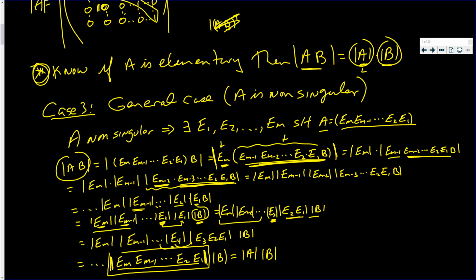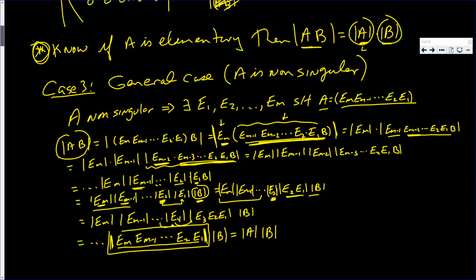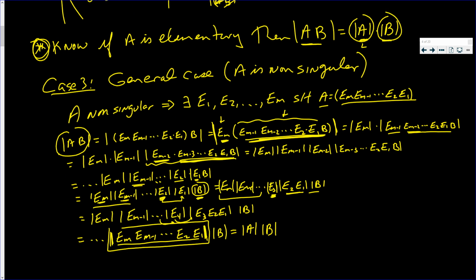And we showed that the determinant of AB in the general case where A is non-singular is the determinant of A times the determinant of B. So case 3 was for any non-singular matrix. We got the results we wanted.